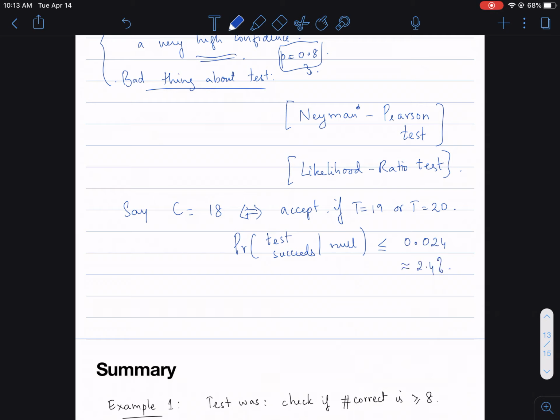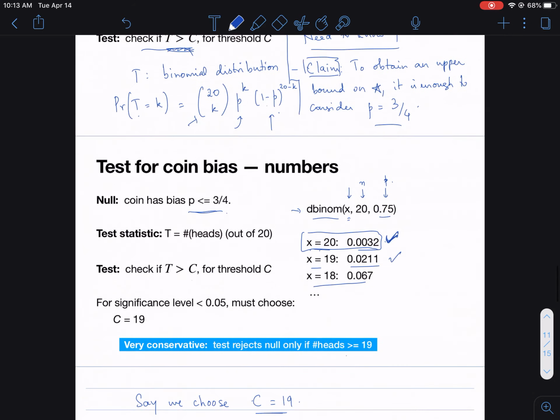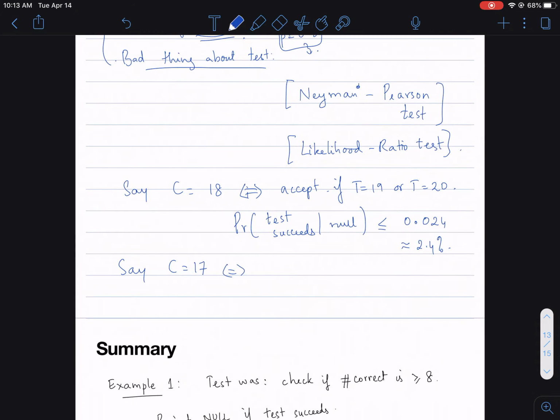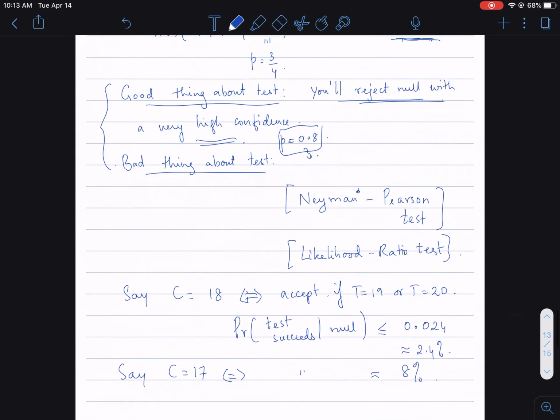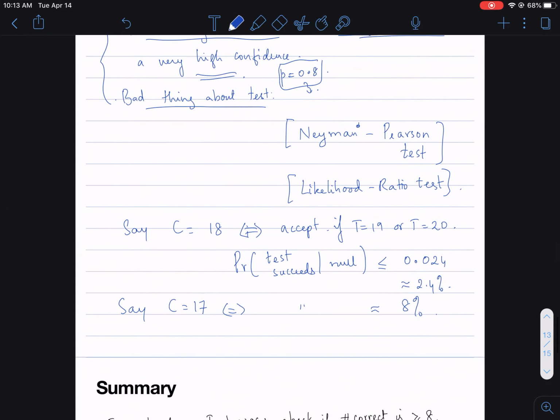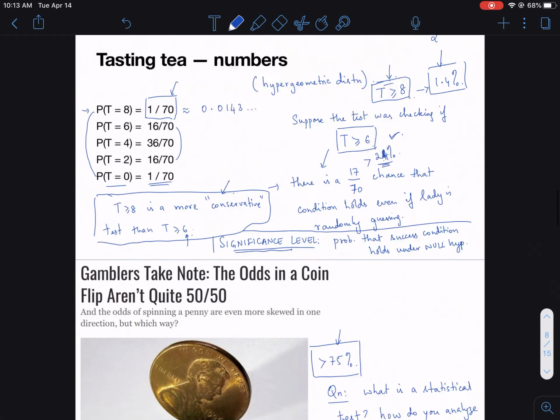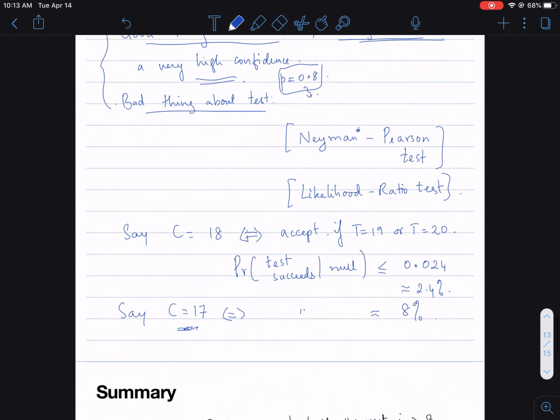If you go one step lower, to say c equals 17, now you've got to add up the first three quantities. Then you end up with a probability of roughly 0.08, roughly 8%. So if you chose c equals 17, then your probability of rejecting the null, which we defined to be the significance level of the test, becomes a bit higher: 0.08 or 8%.